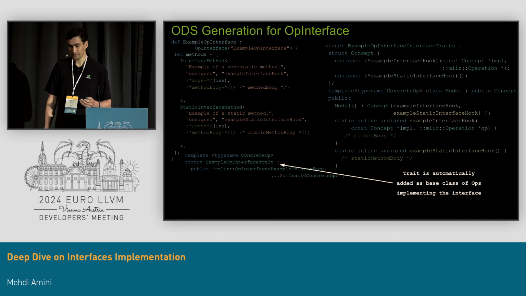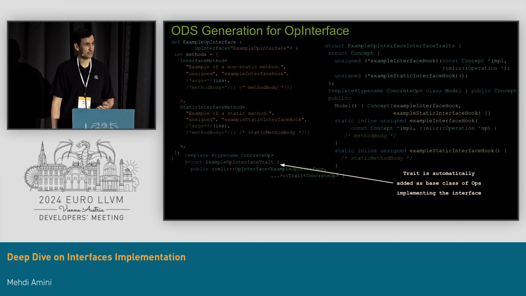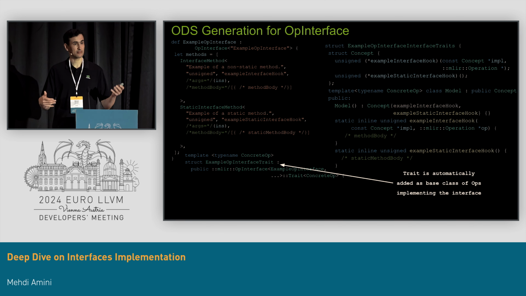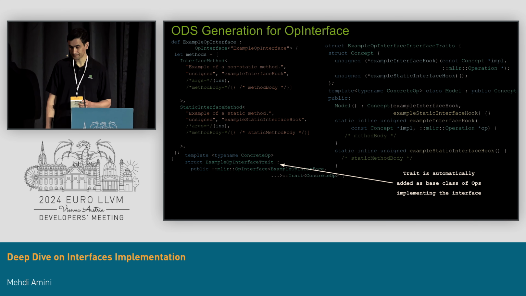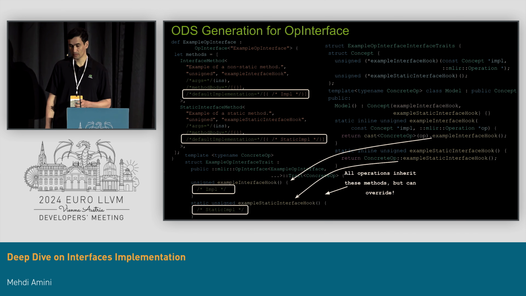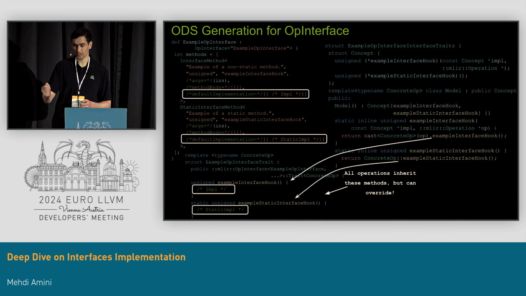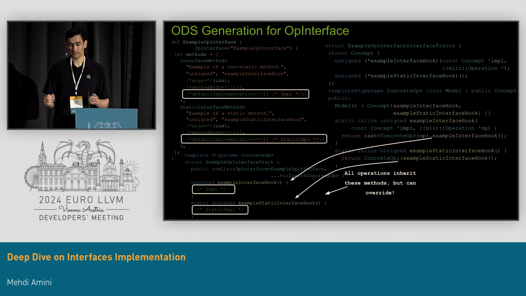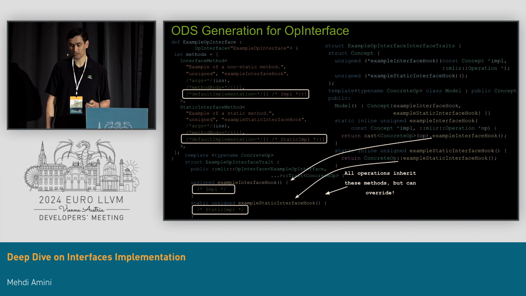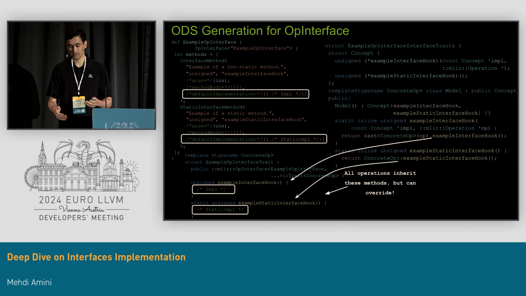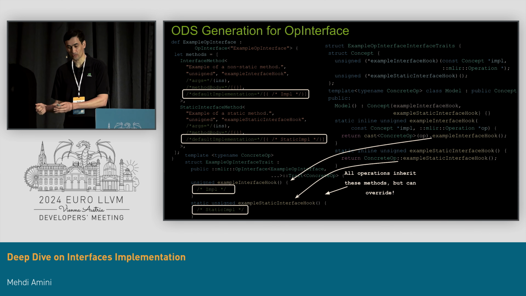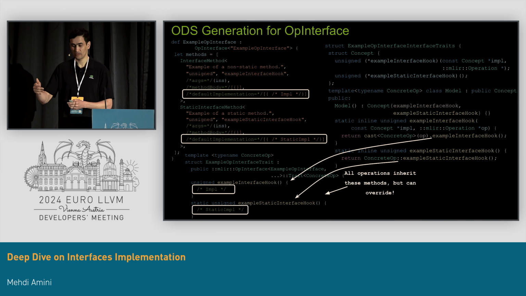Another part of the interface is that a trait is automatically added to every concrete operation that wants to use the interface. And so the last argument of those interface methods is what we call the default implementation. The default implementation will go into this trait. This trait is inherited by every concrete op, and this is actually what is called by the virtual dispatch.